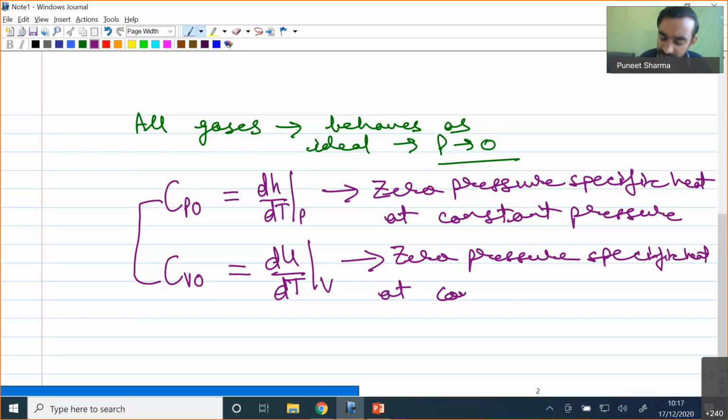So directly we are saying Cp naught equal to dH by dt, and Cv naught equal to du by dt.